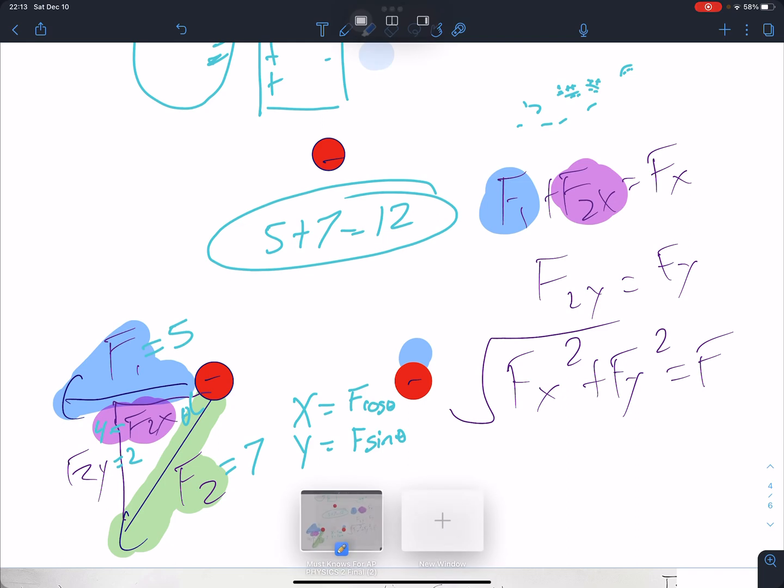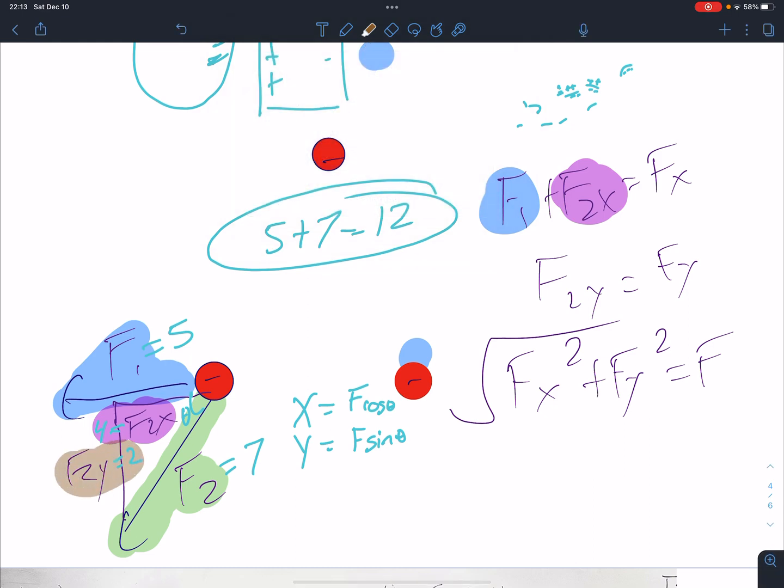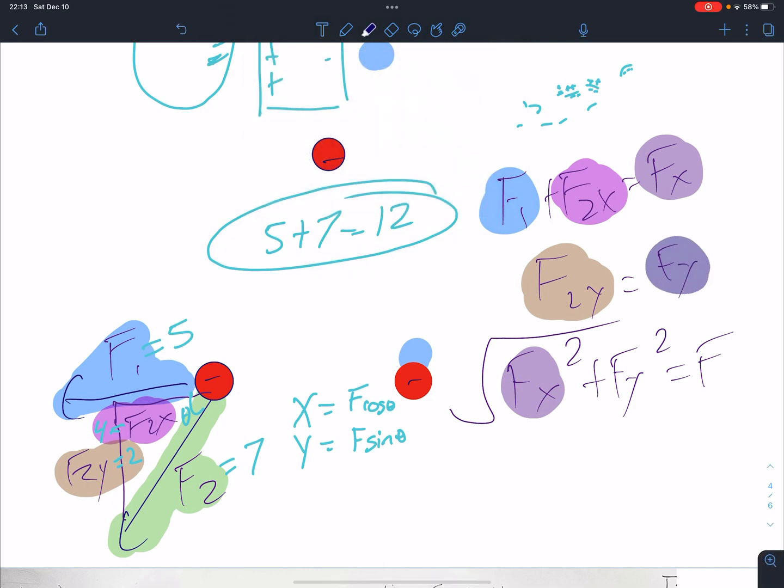And then in the y direction, you might have to add them in the y direction. In this particular scenario, we don't have anything in the y direction. We just have this guy. So this would be our force in the y direction. And then once you do this, now you can take this, put it in here. You can take this and put it in here. And then now we can do the Pythagorean theorem to find the net force acting on the object.